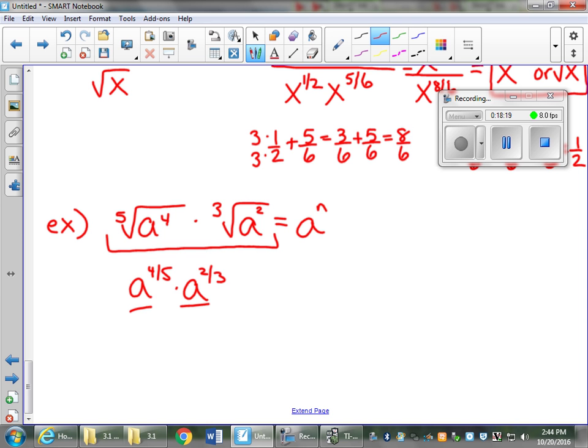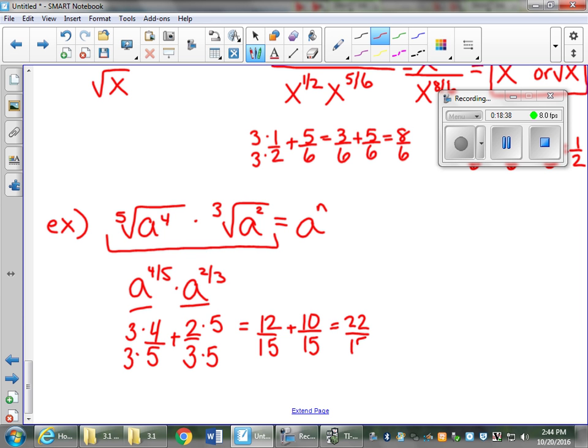So I can do 4/5 plus 2/3 and get my common denominator. So I will get 12/15 plus 10/15, which is 22/15. That cannot be simplified at all.